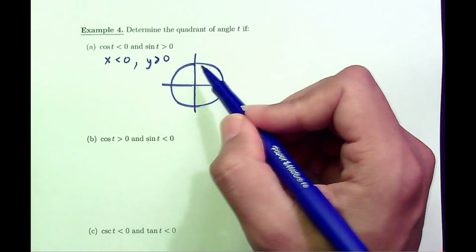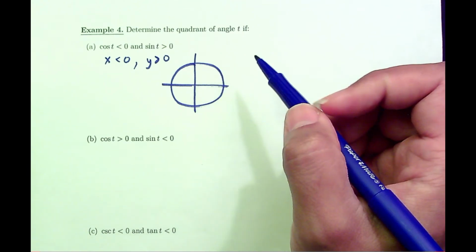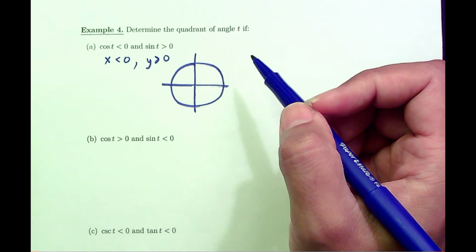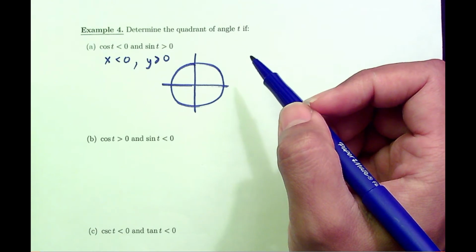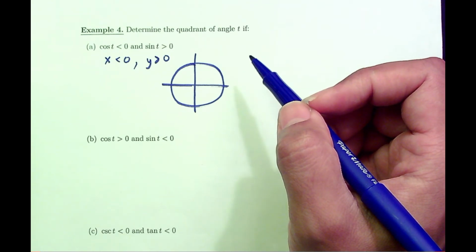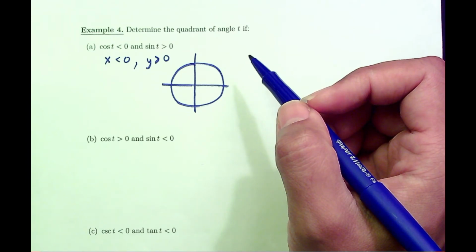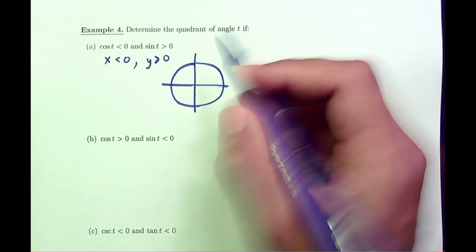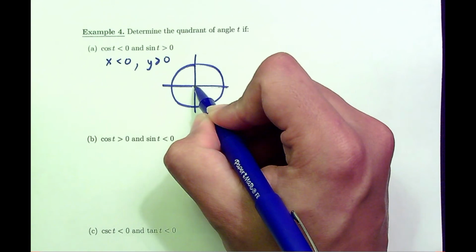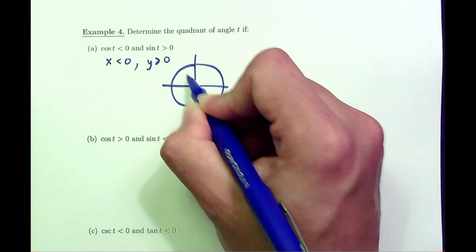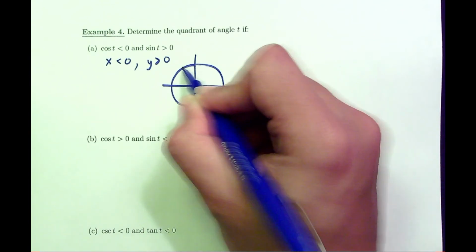In what quadrant do you have the x-coordinate negative and the y-coordinate positive? What quadrant is that? If you said the second quadrant, then you're right. Somewhere here, then, must be the angle.